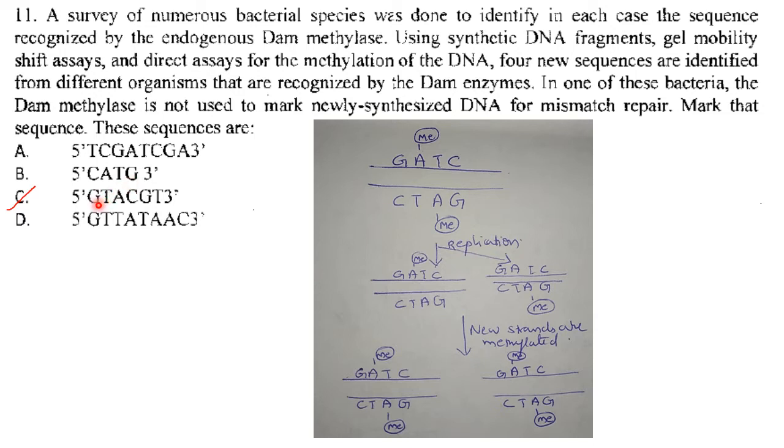Here GTAC is given, so GTAC is present instead of GATC. And in the fourth sequence also, GATC is not present. So the answer will be option C, that is GTAC. Instead of A, there is a T present, so that will be the mutated version.